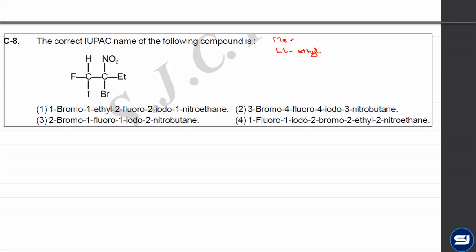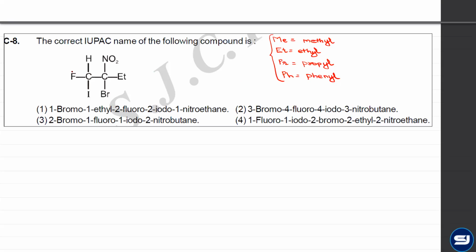Similarly, if you see Me, it is methyl. If you see Pr, it is propyl. And if you see Ph, it is phenyl. Benzene minus H is called phenyl. So these are important abbreviations which you should always remember for organic compounds.